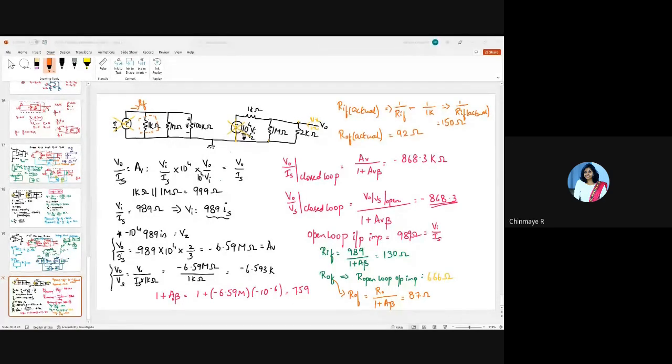So therefore, you should consider V0 by IS only here. It depends on the kind of feedback that you identify and not the kind of amplifier an op-amp is. Is that clear? Yes, ma'am. Thank you.